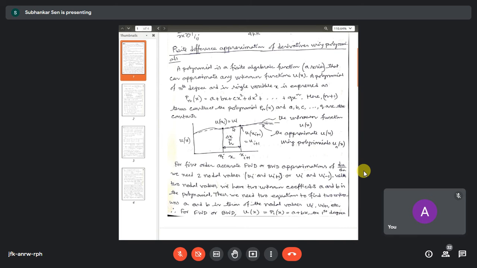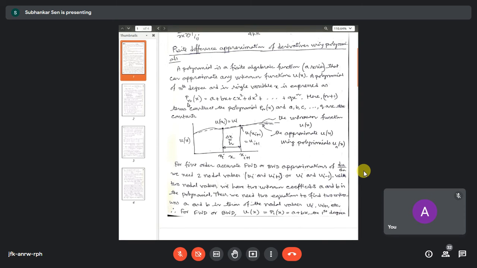So our objective is that in the polynomial, when we calculate the coefficients, we actually calculate some combinations of these nodal values. Once we solve for these unknown coefficients and put those values here, Pn(x) becomes some combination of ui plus 1, ui plus 2 as a function of x.